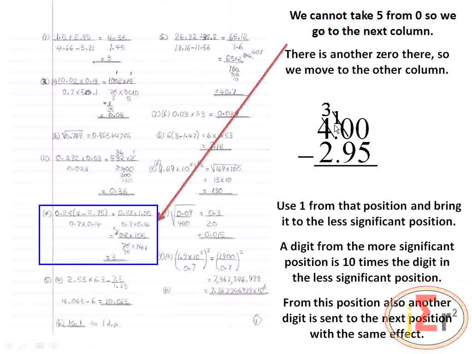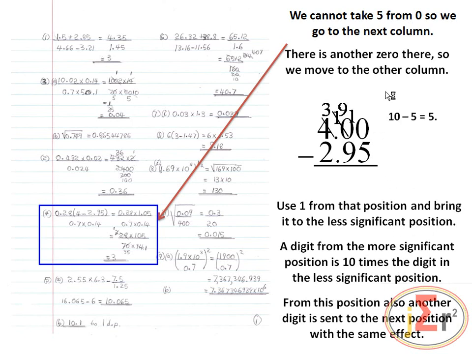So no doubt we need to take this all the way to the least significant digit. So we remove 1 from here, we are left with 9, and then we have another one here which is 10 times its value here, and we have 5 to subtract from 10.